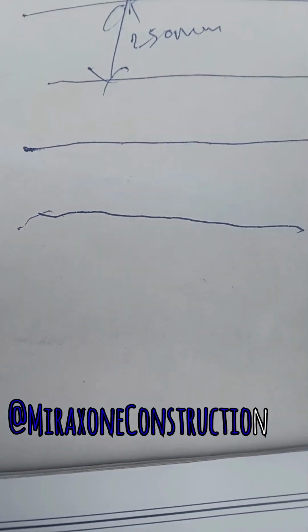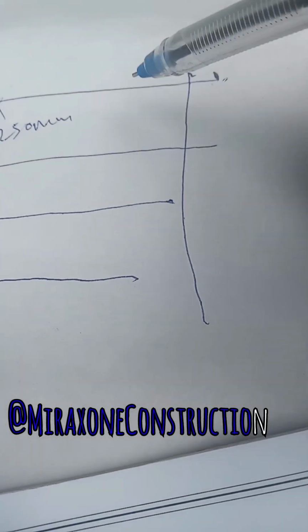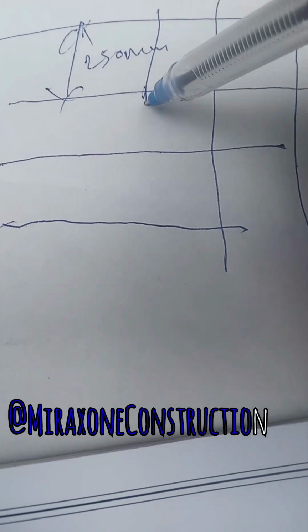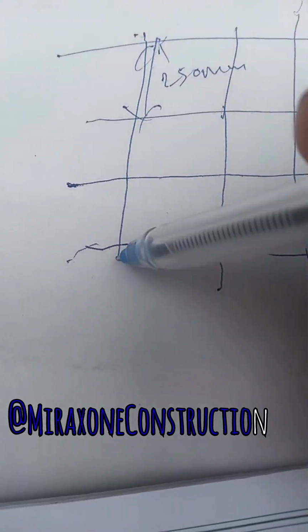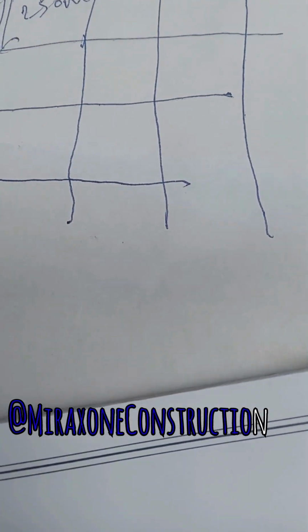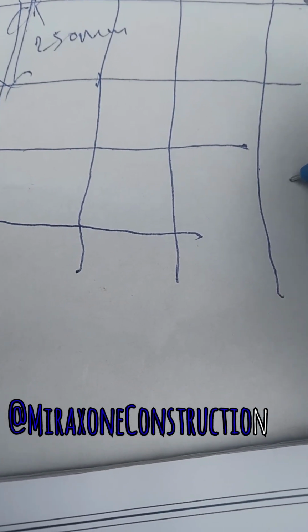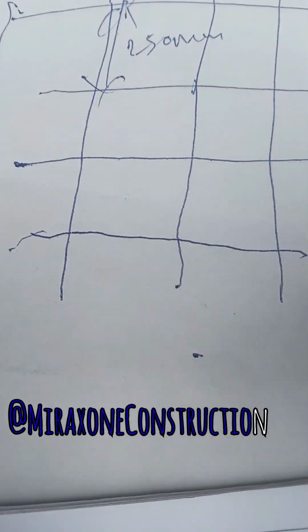Then the bottom bars, we have to cross it this way, still maintaining the same spacing. This is just a freehand sketch. You should note that this length here is not the same as the width here.